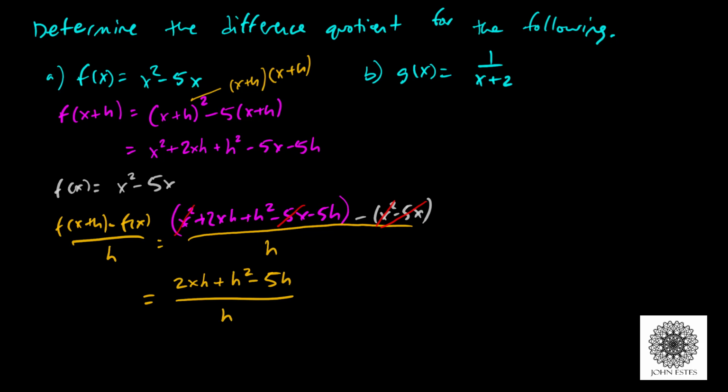And remember, if there's an h in every term, which there is here, I'm free to cancel out an h out of everything. And I'm left with 2x plus h. There's my difference quotient for x squared minus 5x.